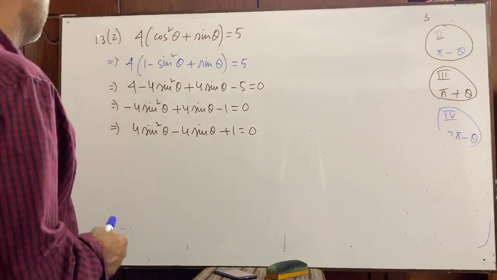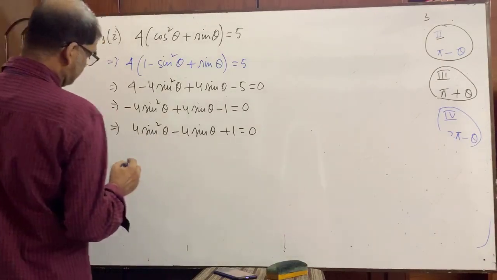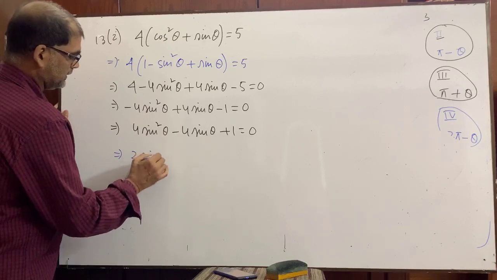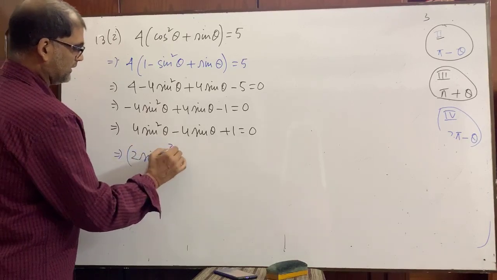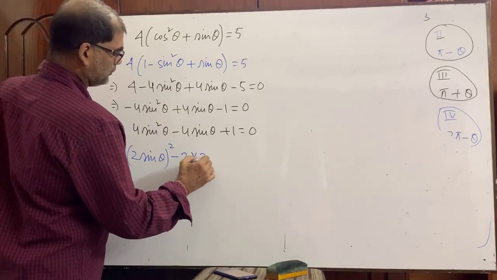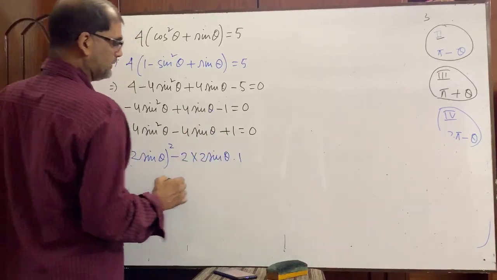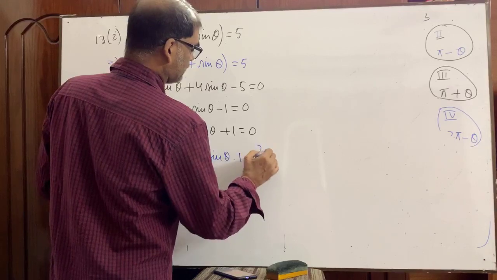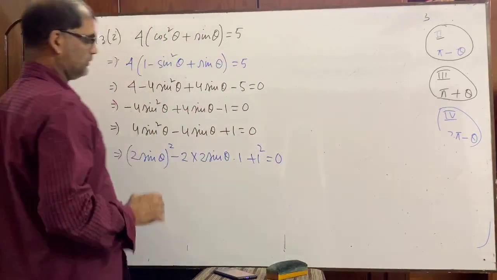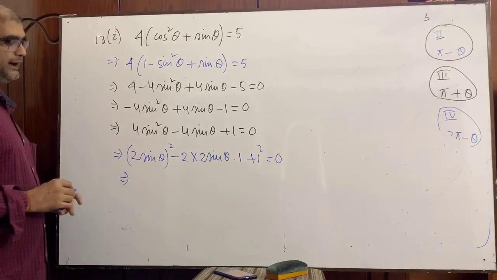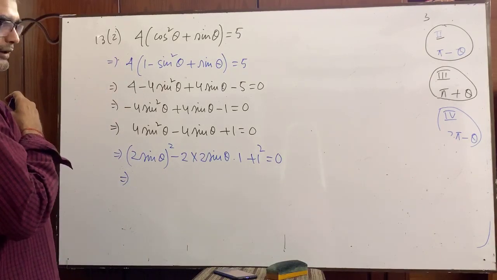Now you just put it into the formula. Into the formula means what? (2 sin theta) whole square, minus 2 into 2 sin theta into 1, plus 1 square equals 0. That means we are getting here a minus b whole square.